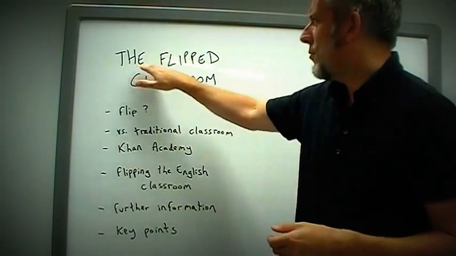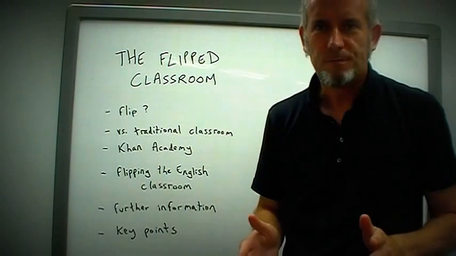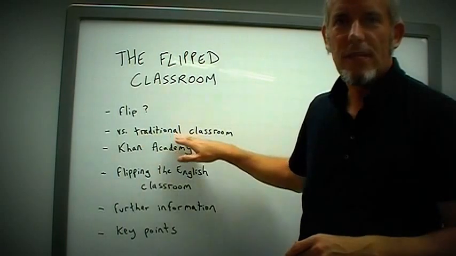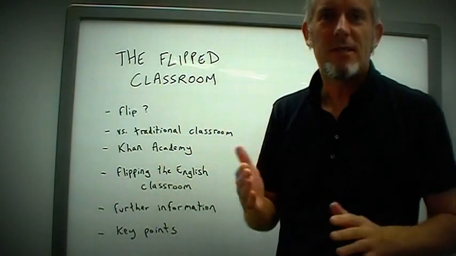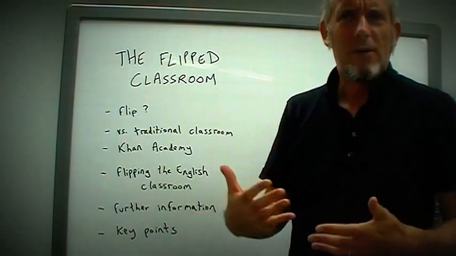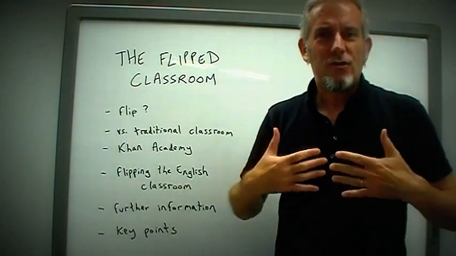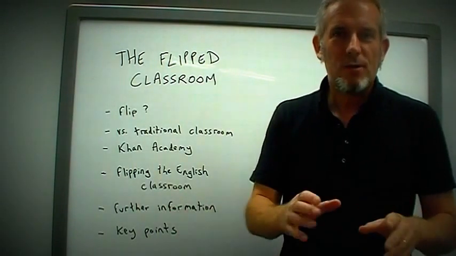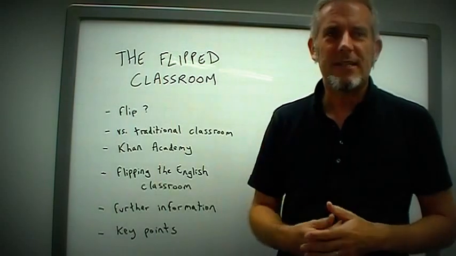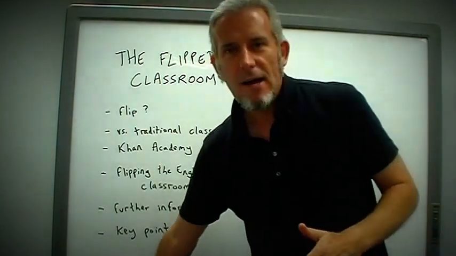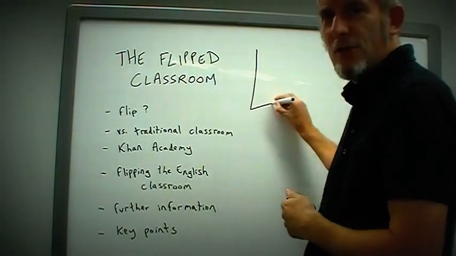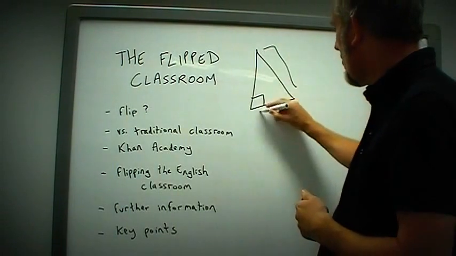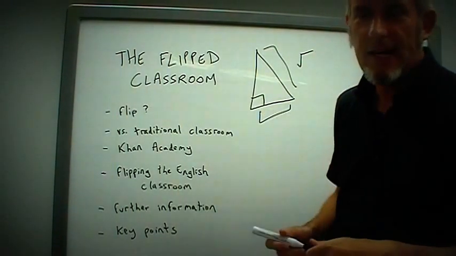Okay, so what do we mean by the flipped classroom? Well, it means that we take the traditional classroom model and we turn it upside down. Well, what does that mean? In a traditional classroom, the teacher teaches and the students listen. To give you an example, in a maths class, I want to explain about, I don't know, right-angled triangles and Pythagoras theorem and square roots and things like that.